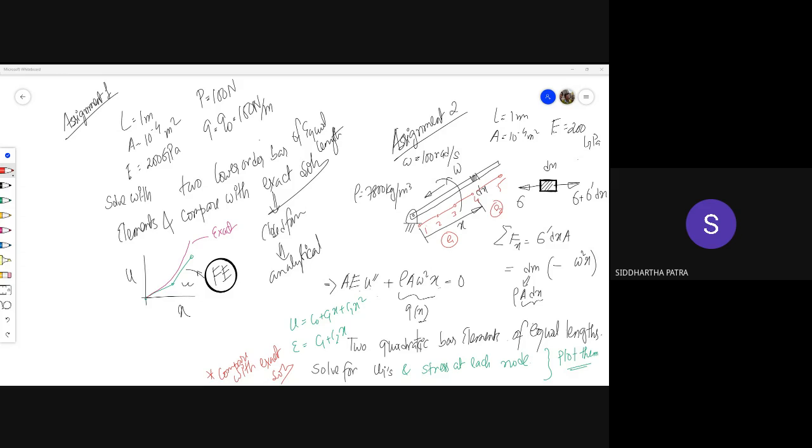What you can do is, once you have the formulation for a single linear bar element or a single quadratic bar element, without any human contribution, you can simply mesh a bar with 10 of those. You can go for mesh refinement much faster and more efficiently compared to polynomial upgradation.